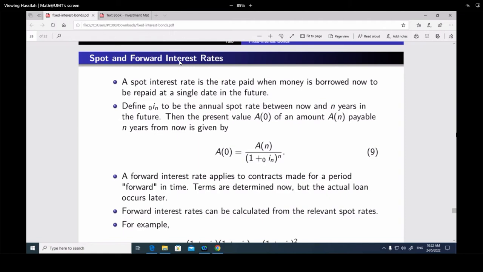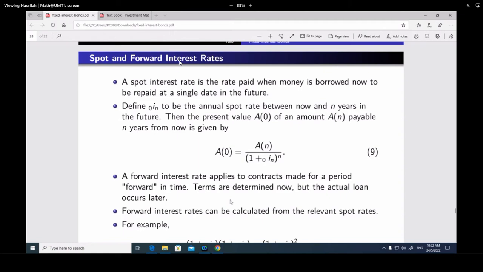So we have another type of interest rate which we call spot rate and forward rate. Kita tak sebut sangat interest tu panjang sangat, jadi the rate kita terus tahu dia adalah interest rate. Kalau in Islamic finance, kalau kita sebut rate tu, it refers to profit rate.